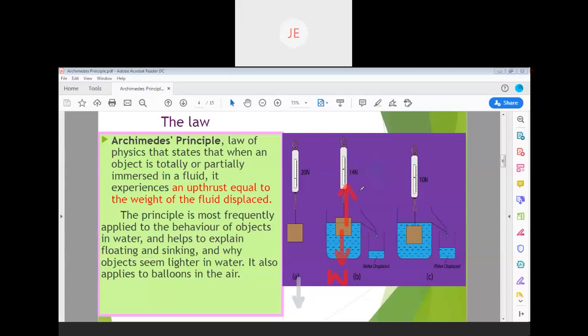Upwards, the upthrust force is acting, Fu or Fb, the buoyant force, by the fluid. So the net force on the body is weight minus upthrust. That is the reason.